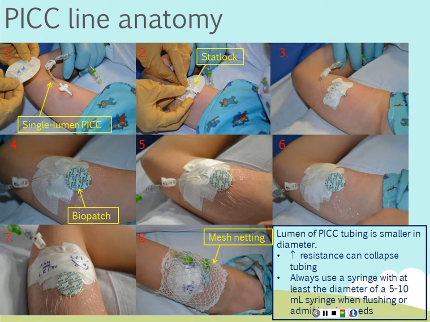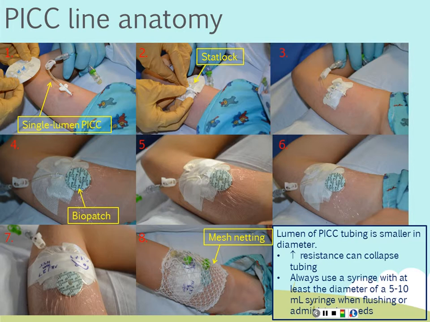You always want to make sure that you're scrubbing the hub. So remember that, scrub the hub. Always look at your agency policy and clinical practice, but we're going to say a minimum of 20 seconds. Generally, you're going to use an alcohol wipe or a CHG wipe. Some facilities now have CHG caps, or what's called a Curos, C-U-R-O-S cap, that's going to pop on the end when not in use, but you're still always going to scrub the hub.